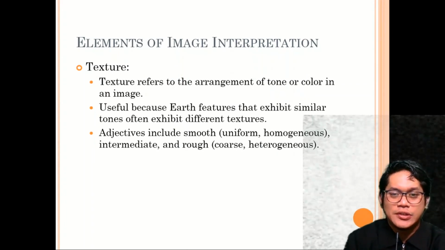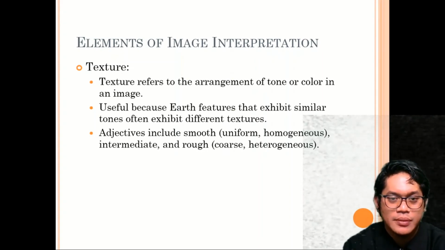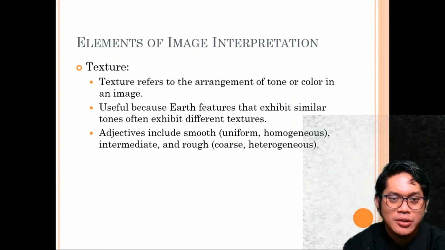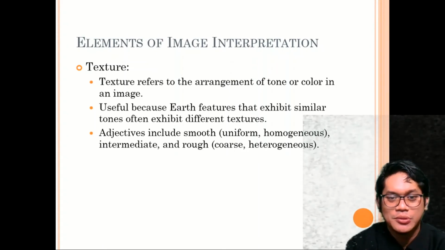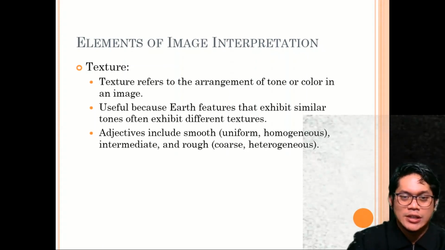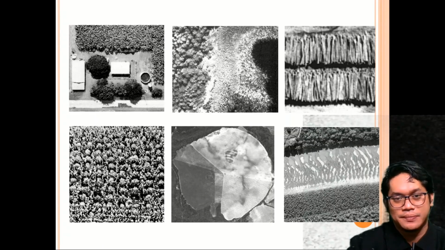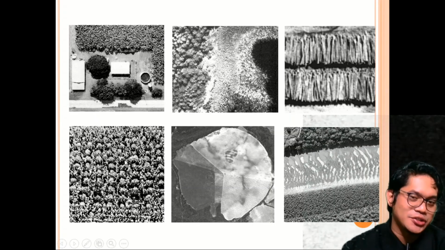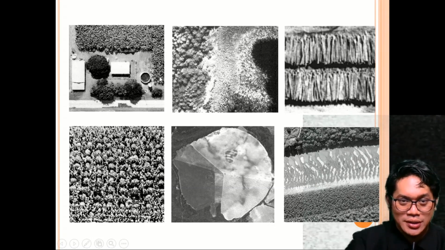Texture refers to the arrangement of tone or color in an image, and it is useful because earth features that exhibit similar tones often exhibit different textures, such as smooth, intermediate, and rough, especially when it relates to soil surfaces. Like this, you can see the difference of the textures. Roughness gives you the idea of what this, and this, and this are.